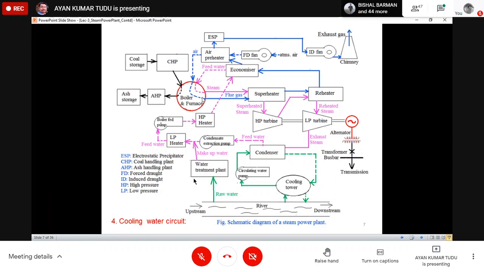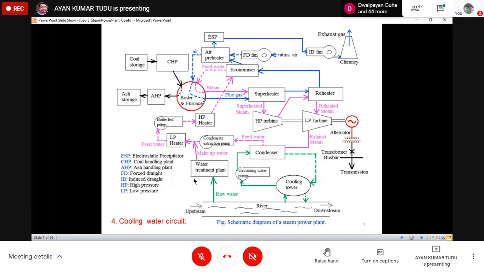It is entering the high pressure boiler. So we can very well imagine that if we have a high pressure inside the boiler and the outside pressure is less, then what will happen? It cannot enter. Correct.